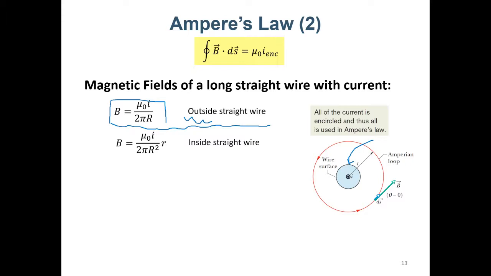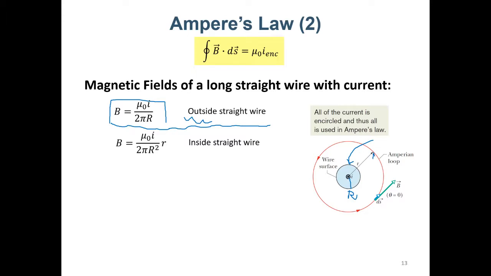But when r, oh sorry, this one should be capital R. R should refer to the distance from the center point to the Ampere loop.